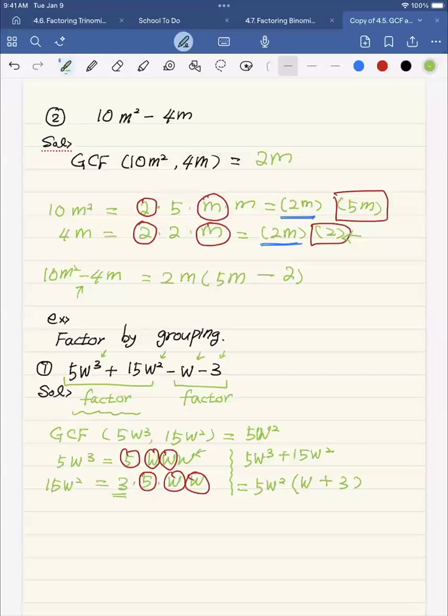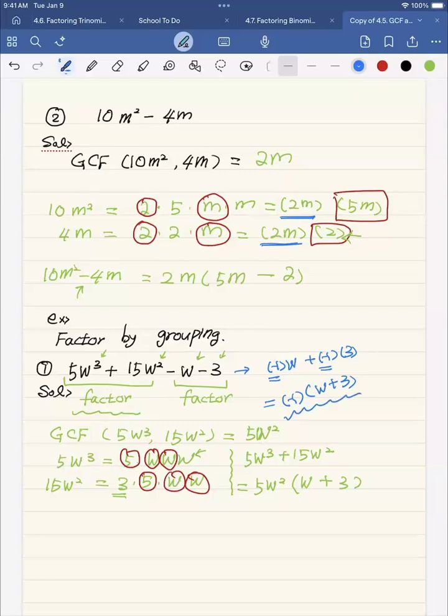And then for the second part, we can rewrite the second part as minus 1 W plus minus 1 times 3. So minus 1 will become a common factor. So we take out minus 1, then minus 1 times W plus 3. So that's the second part.